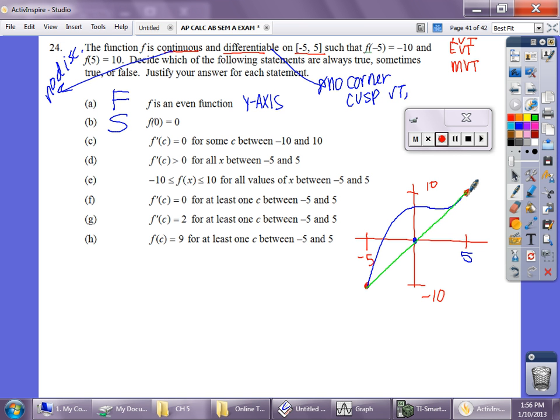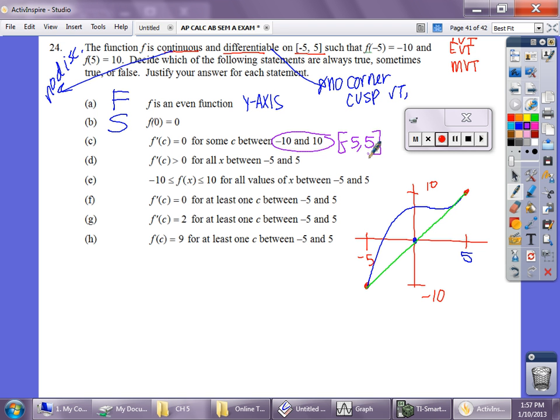Letter C asks, f prime of C equals 0 for some C between negative 10 to 10. What's kind of odd is that they use negative 10 to 10, but the C values are your X values. Well, this graph only exists from negative 5 to 5. So that's one thing.